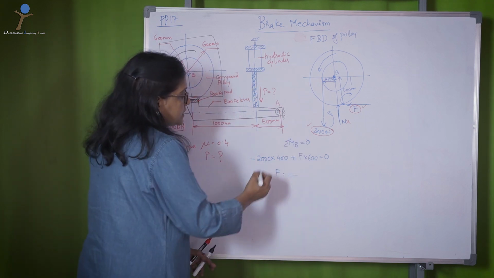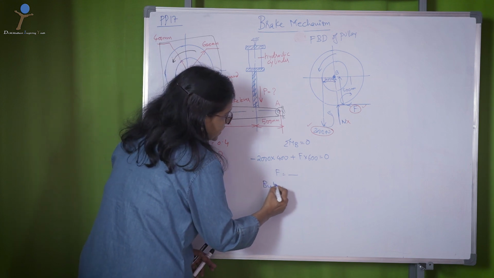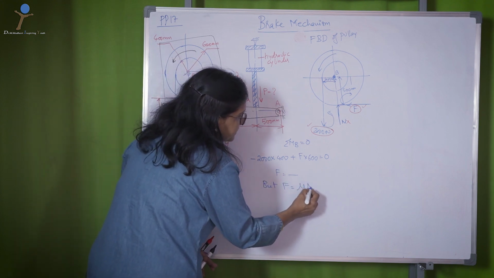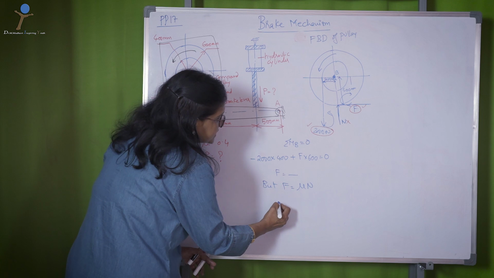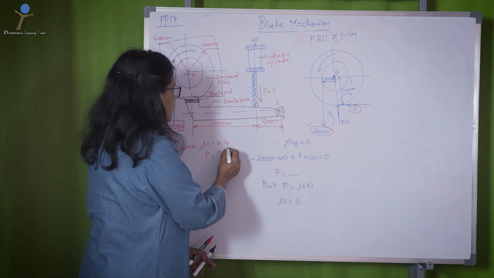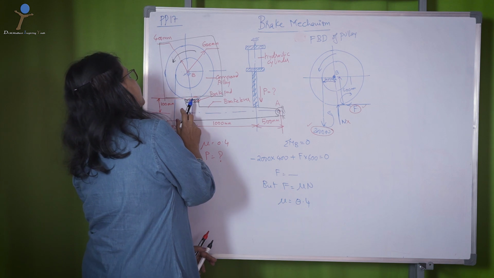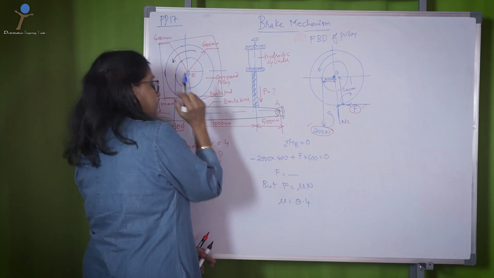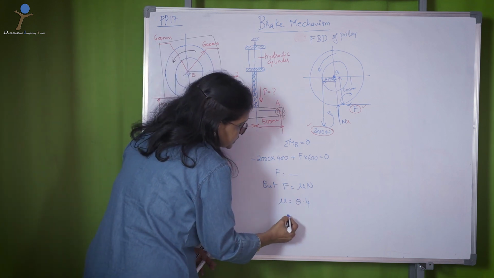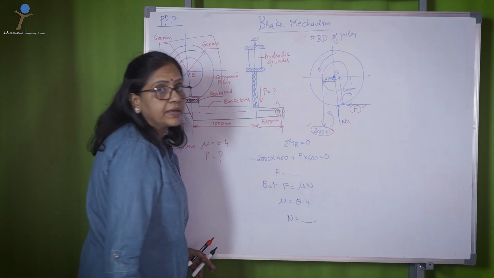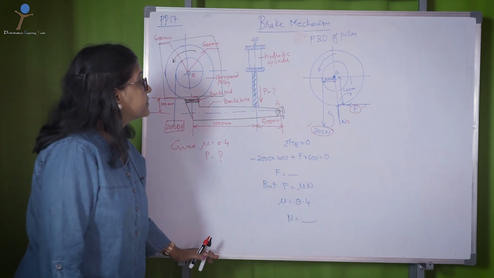But F is equal to mu into N. Mu is given as 0.4 in the problem, the coefficient of friction between the brake pad and the pulley. So when you substitute, you get the value of N.